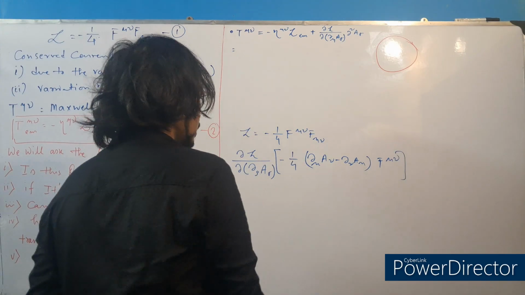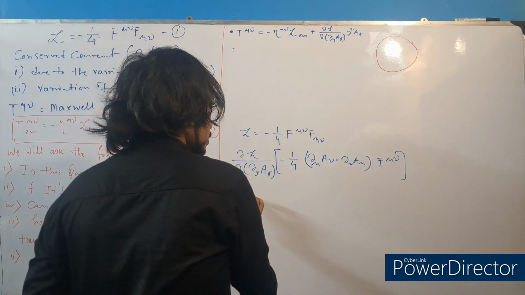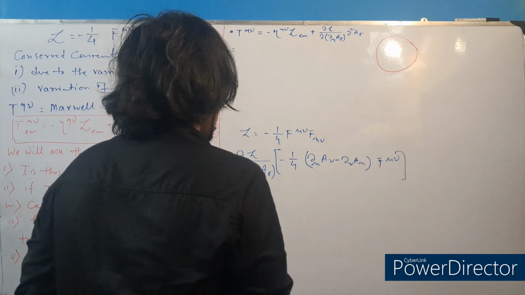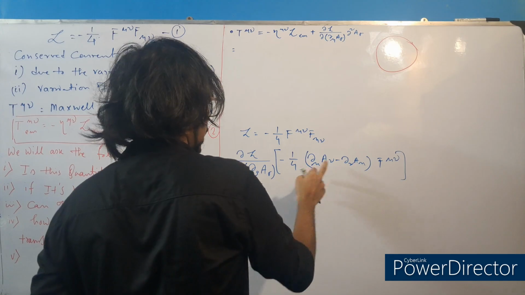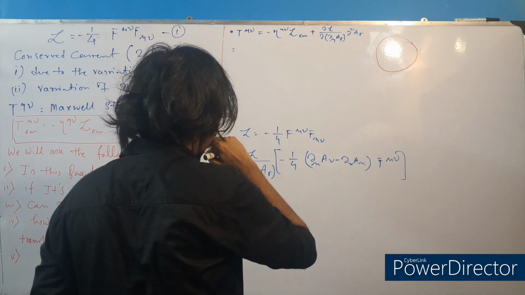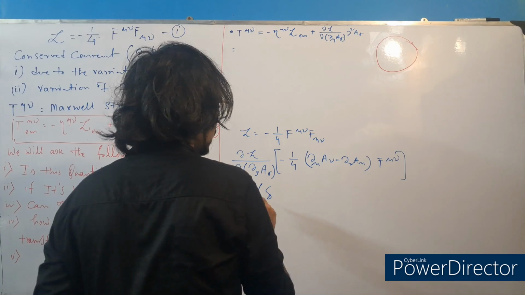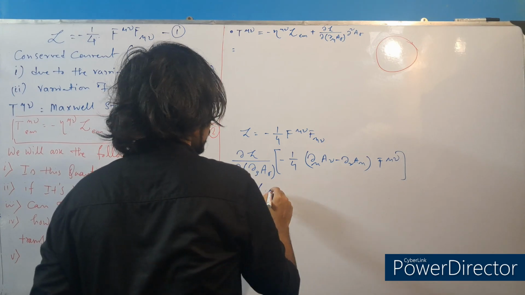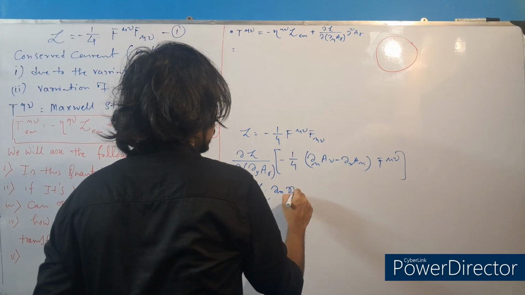Now if you see here, this minus 1 by 4 will go outside, and this will act on this, and it will provide us del mu A nu.